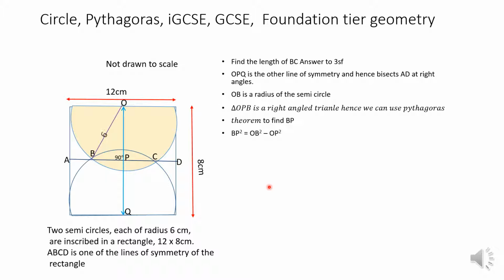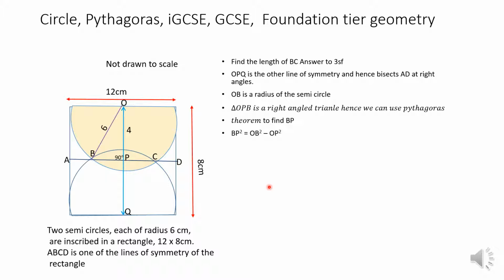Now OB is the radius of the semicircle, and OP is 4 because the line ABCD bisects the line OPQ. So OP is 4 centimeters.